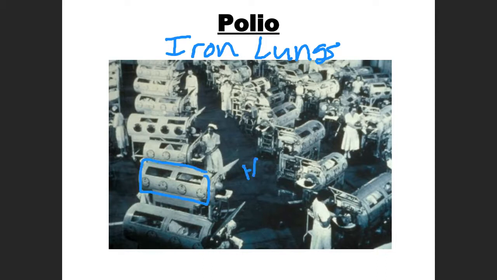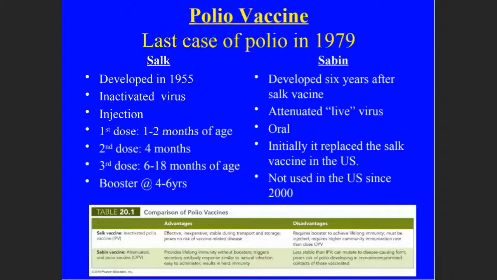Their head is not on the inside, it's actually on the outside. What the iron lung would do is build up positive and negative pressure, and that would mimic the expansion and the decompression of the rib cage to help them to breathe. So that's what was used back then to help people with breathing. And yeah, that's what we would see.